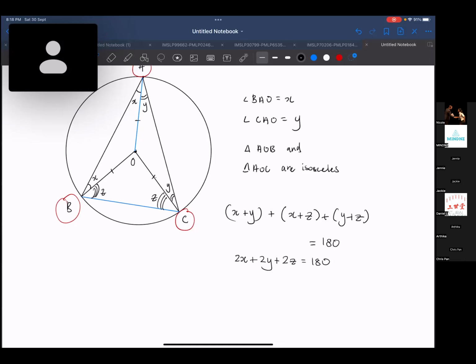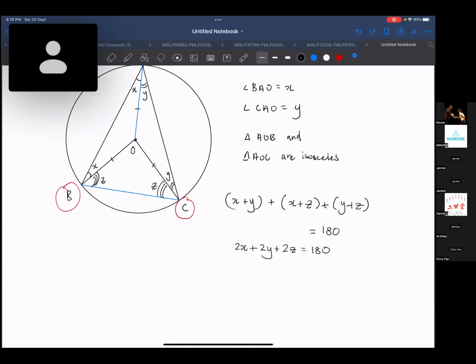Now we want to consider the smaller triangle, this one, the one at the center. Once again, because it's a triangle, the angles inside also have to add to 180 degrees.